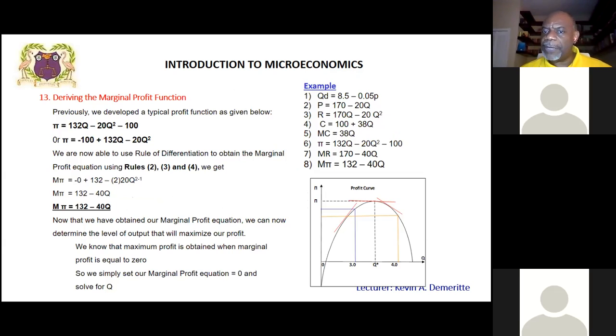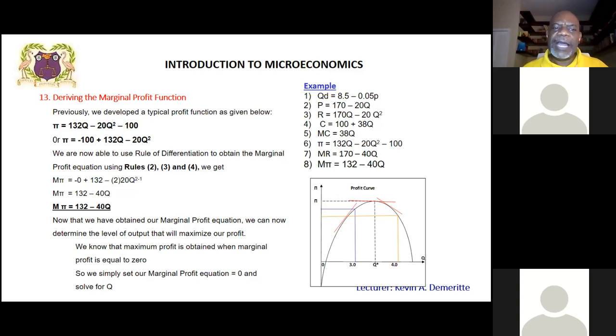Previously, we developed a typical profit function. Our profit function is 132Q minus 20Q squared minus 100. And again, rule number 4 says that if you have a function that you can break up into pieces and deal with each piece separately, then that's what you should do. Fine.